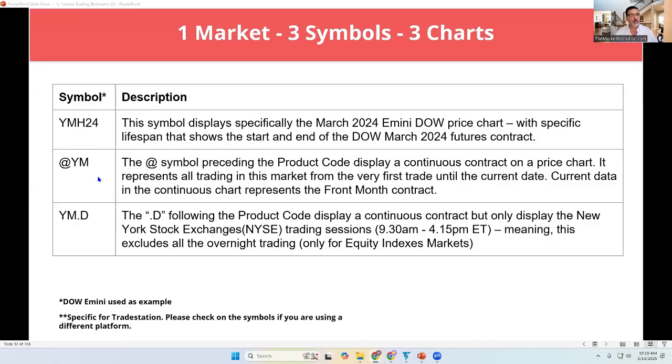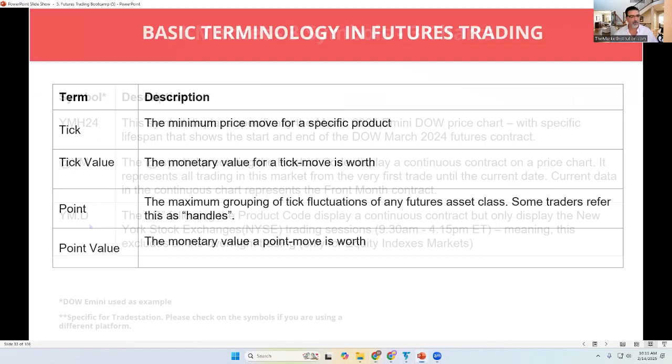And then you have what we refer to as the .D chart, which only has daily session data on it. The @YM is a 24-hour chart, and so is the contract specific symbol.